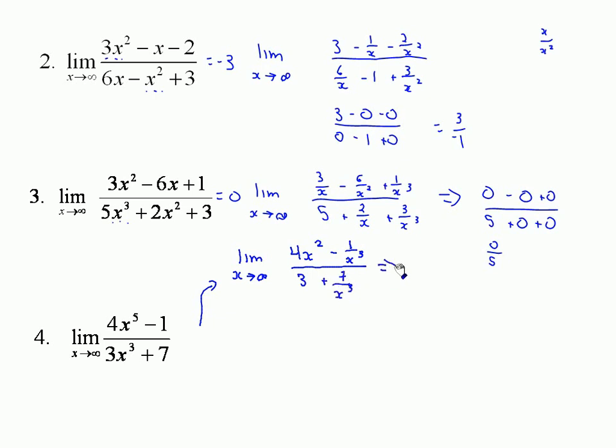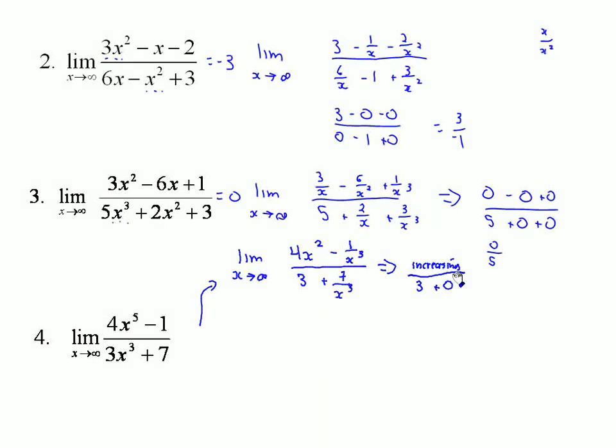A little messy over here, but when we take the limit, we get 4x squared. As x gets bigger, that's just going to be an increasing number on top. And then the denominator is 3 plus 0.